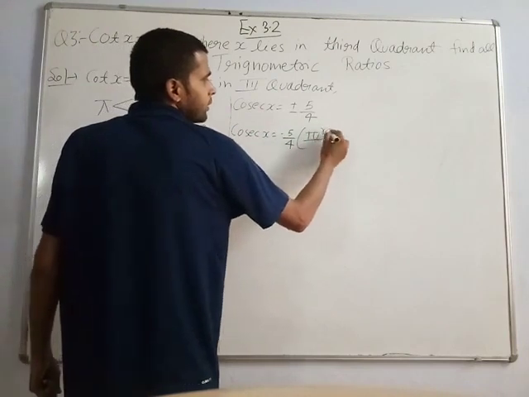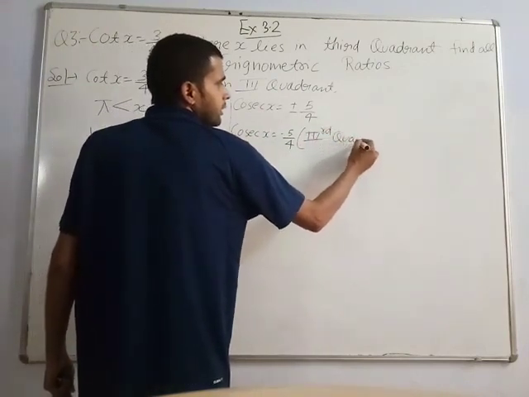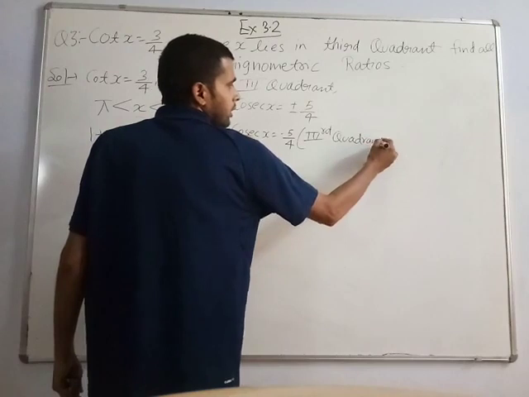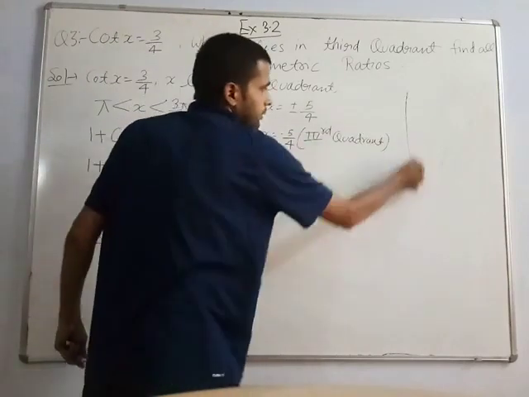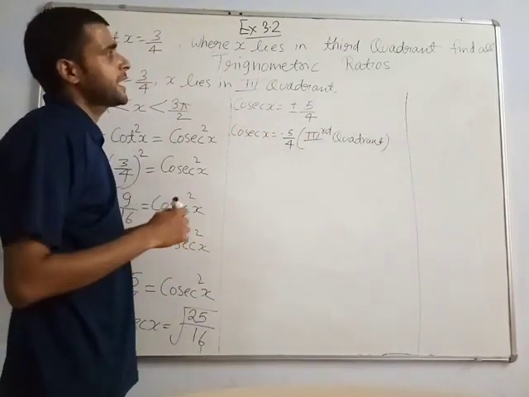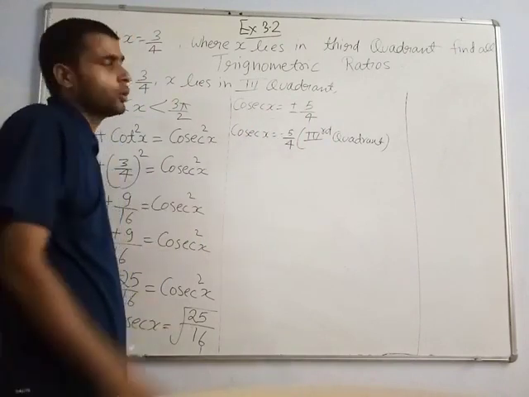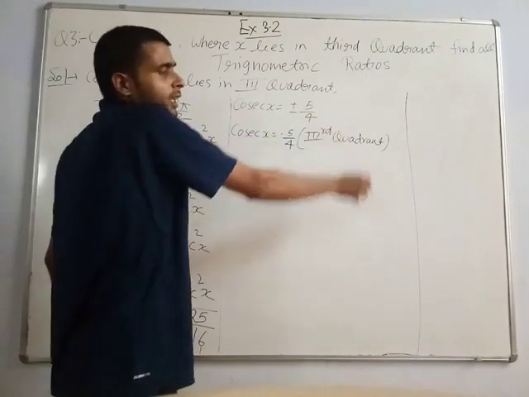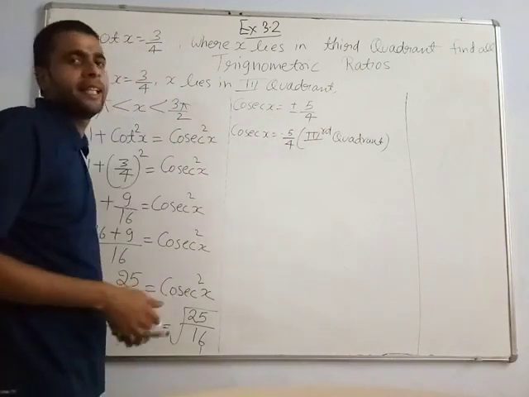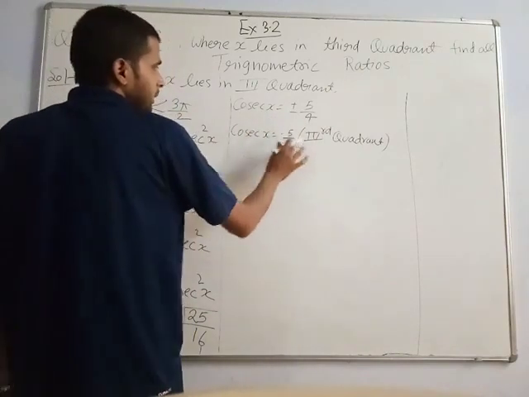Third quadrant. If the question comes in the second quadrant, you have to take the positive sign, 5 upon 4. But the question asks for the third quadrant, so you have to take the negative sign. Okay, so cosec is minus 5 upon 4.